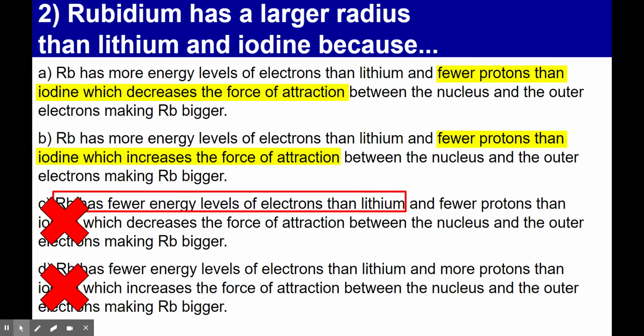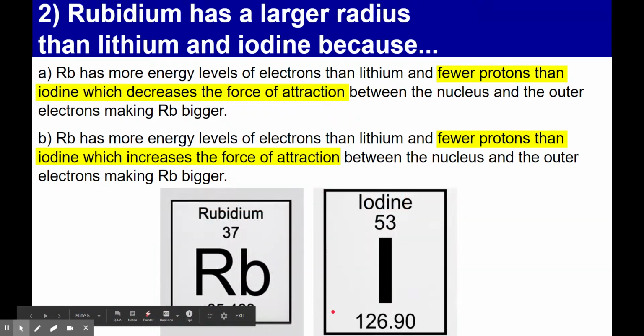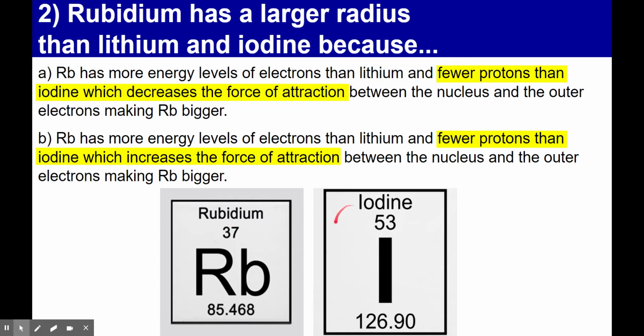Well, iodine is the one that's going to have the greater force of attraction. It's further to the right. And again, we're thinking about the number of protons here based on its atomic number. So we are seeing that letter A is correct.